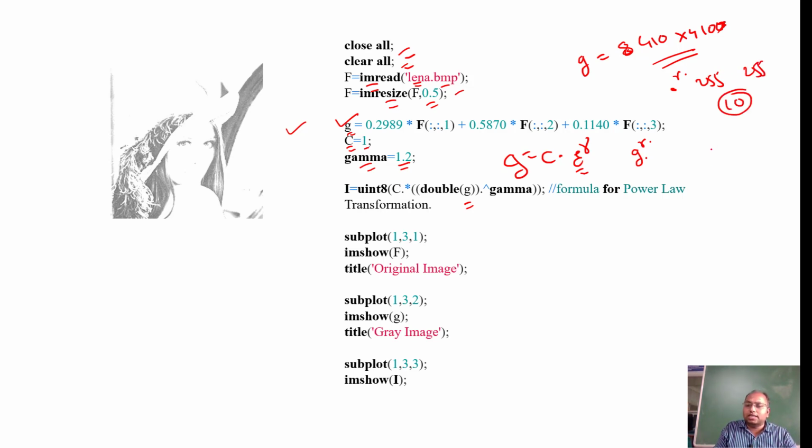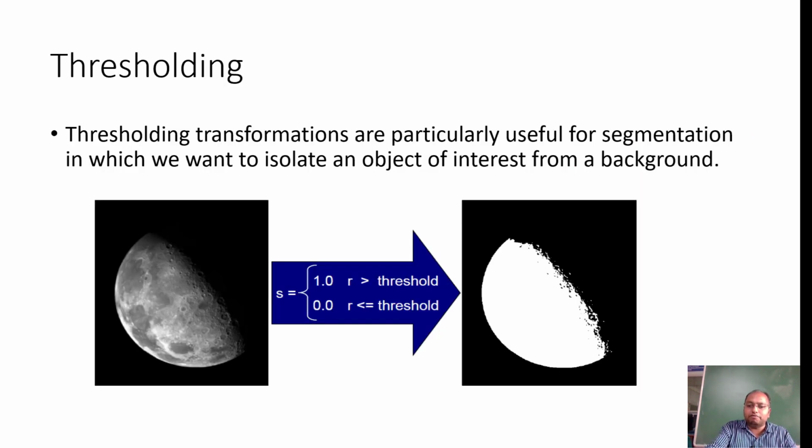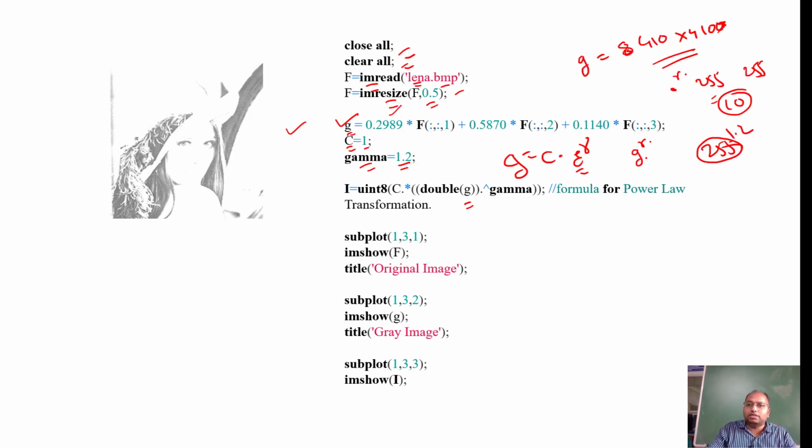Each pixel must be raised to the gamma value, so 255 raised to 1.2. That is the meaning of this particular dot. Each and every pixel will be raised to the gamma value. Is that fine?